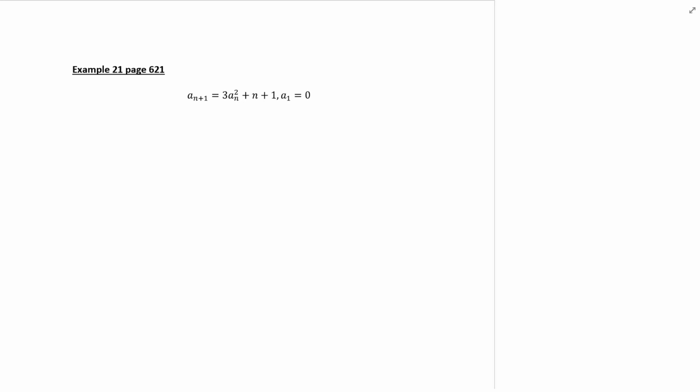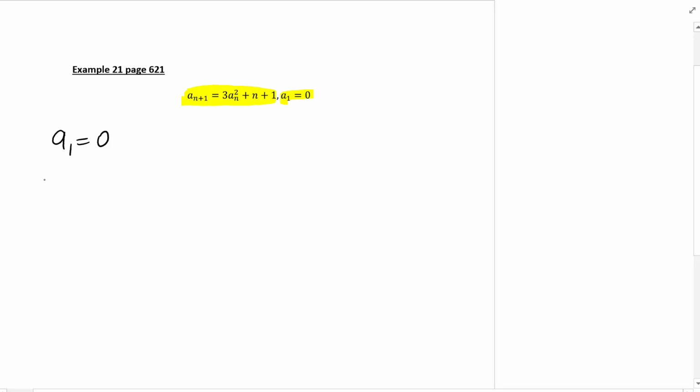Let's see another one. In this problem, again, we want to find the first four terms, but this time the expression that is given is a recurrence formula. They give me that the first term, a sub 1, is 0, but in order to find the next term, we have to use the previous one.